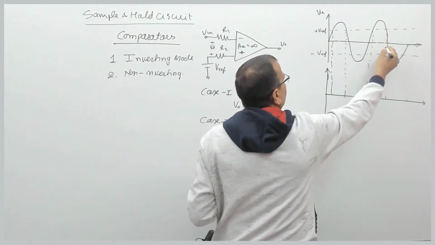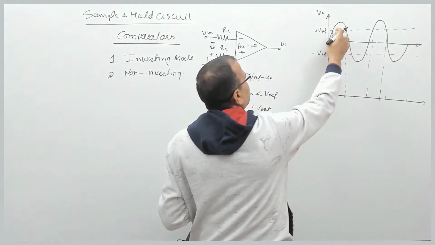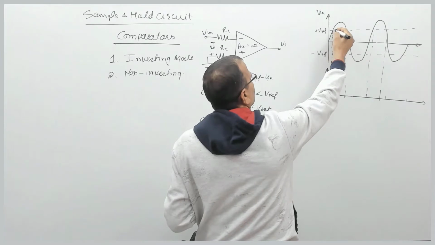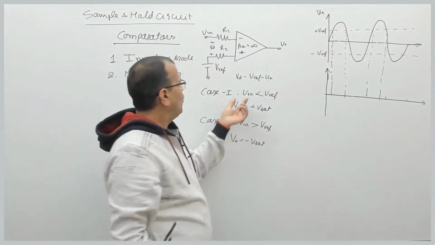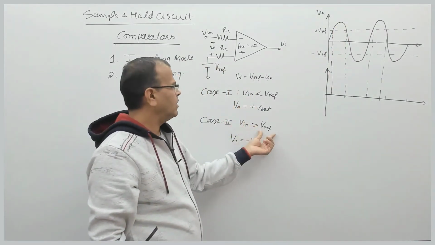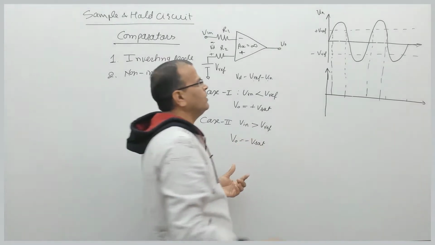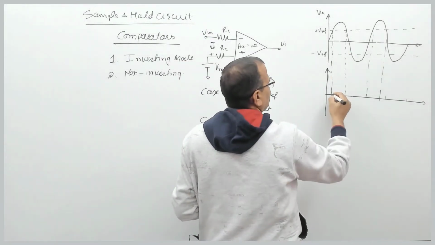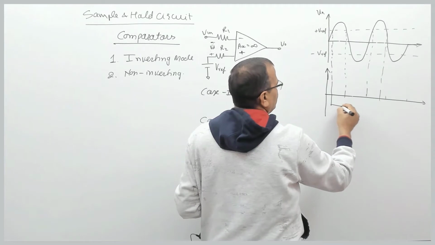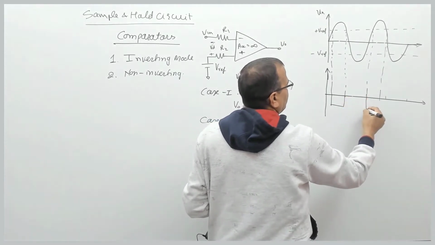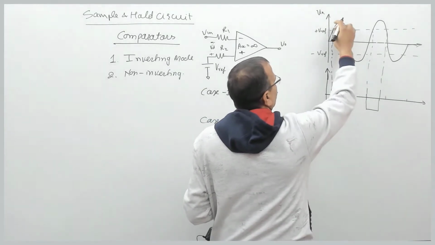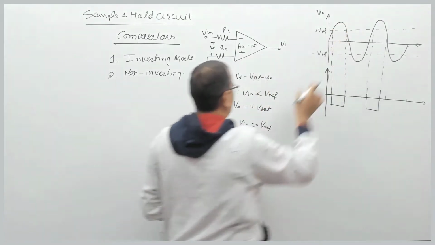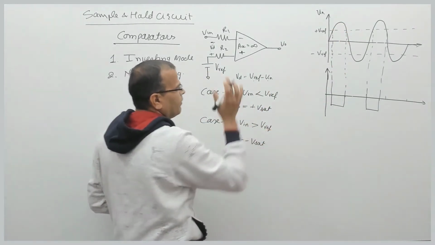See it carefully. Now when the input voltage is more than the reference voltage, output is minus Vsat. So the output here will be minus Vsat, where the input voltage is more than reference.